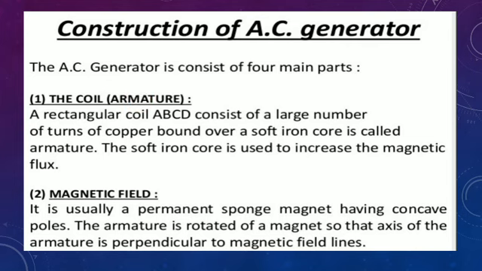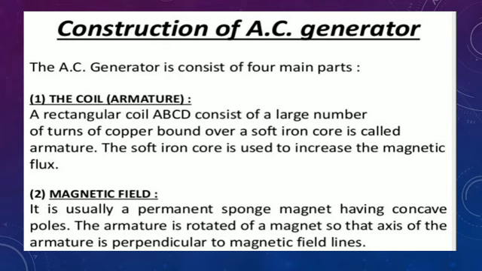A rectangular coil ABCD consists of a large number of turns of copper wound over a soft iron core, called armature.